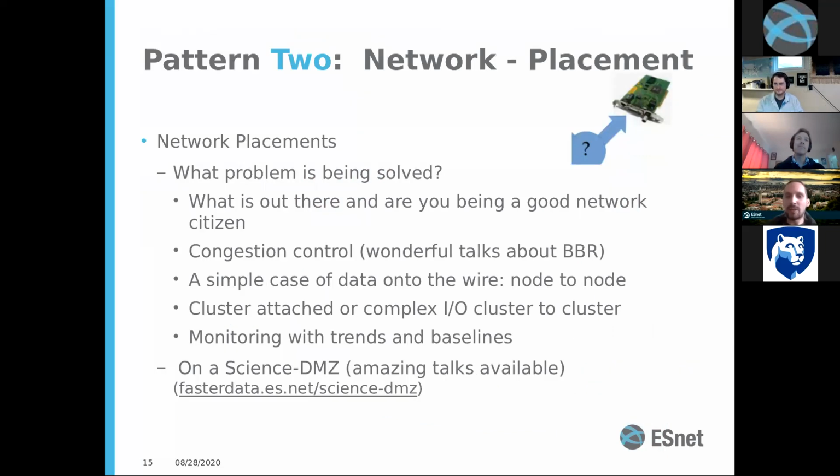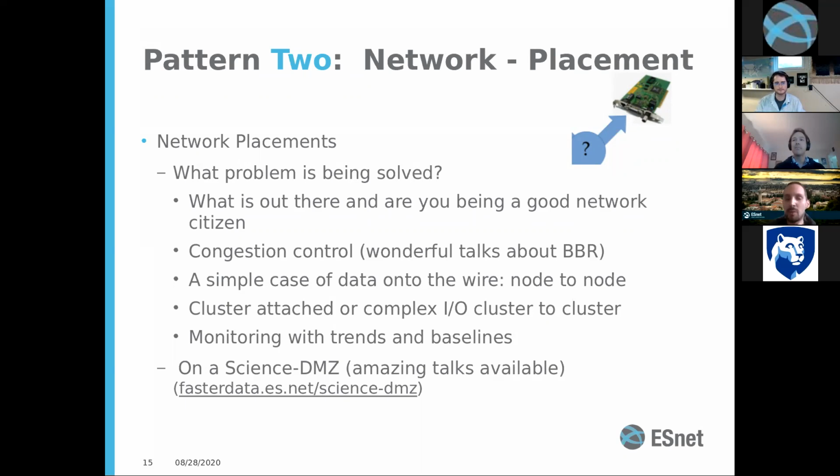Okay, so now that we have, say, our hardware figured out, we know what our needs are, the next challenge is to actually do the proper network placement for our DTN. So as our pattern suggests so far, first thing we would want to ask ourselves is what is the problem we are solving here? Where do we want to place this hardware, this nice shiny piece of metal we bought to transfer our data?